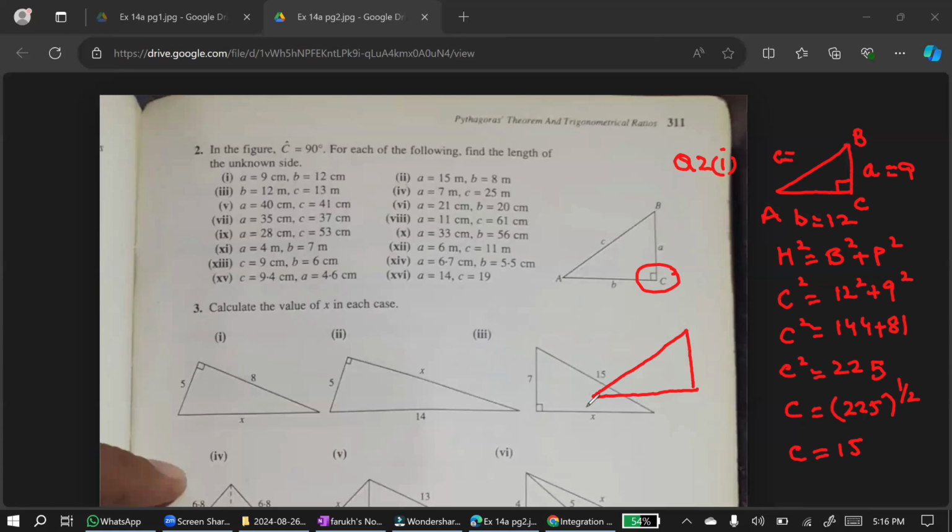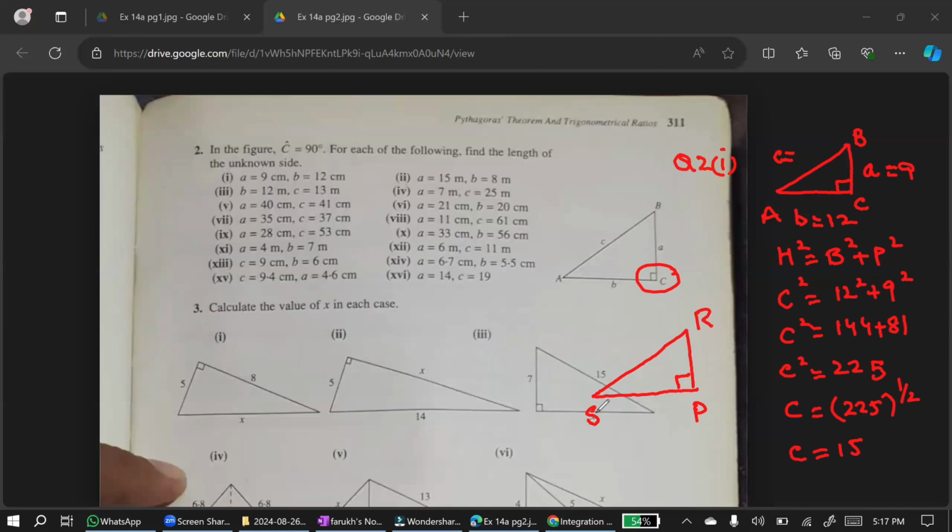Now, if this one is the triangle SPR, this angle is 90 degree. Now we will denote SR with small p, small q, or small r.